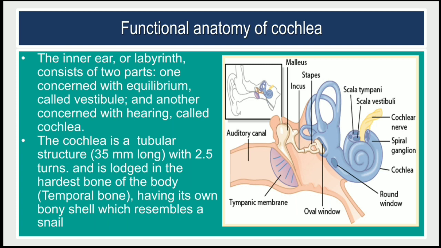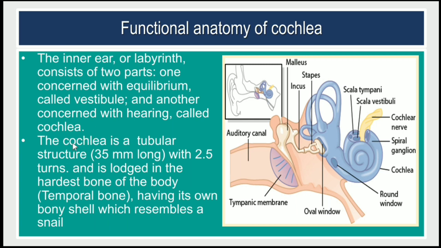The inner ear or labyrinth consists of two parts, one concerned with equilibrium called the vestibule and another concerned with hearing called the cochlea.